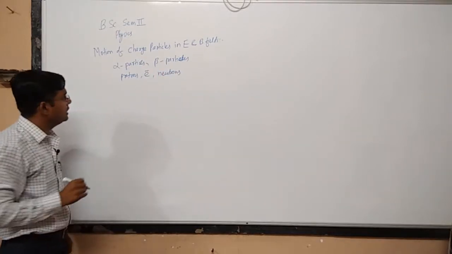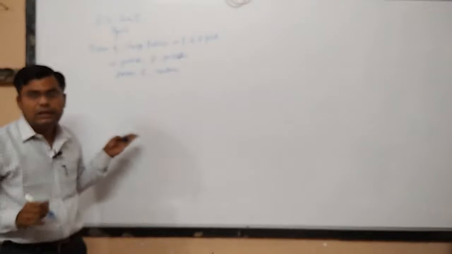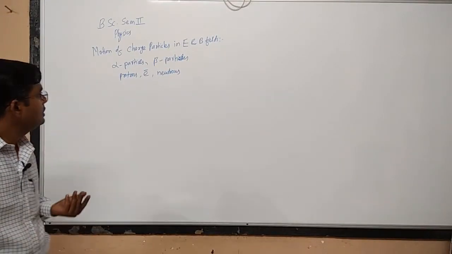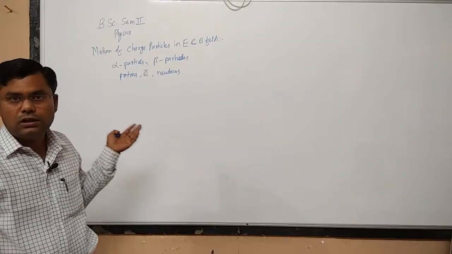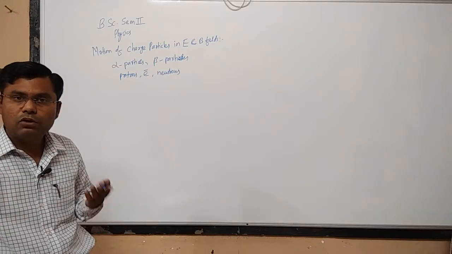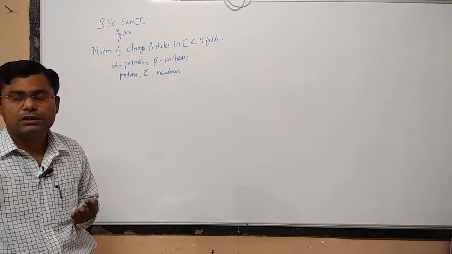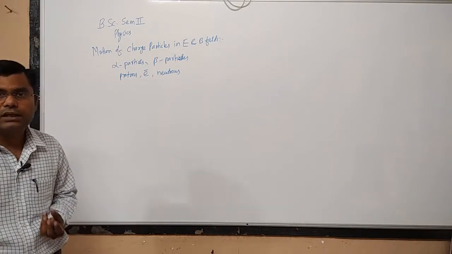Neutron is not a charged particle. Electrons are also called beta particles. There are many more fundamental particles, the particles which we receive from space. These particles are sometimes called cosmic rays.